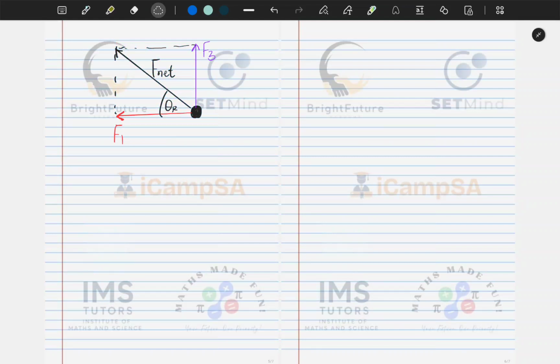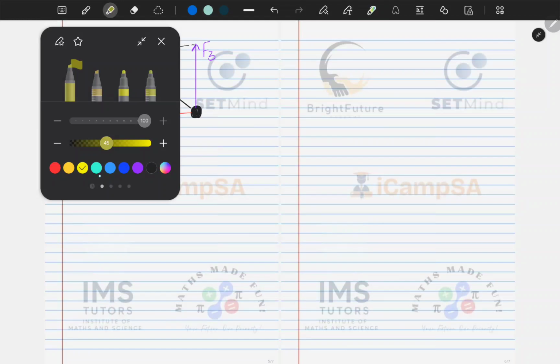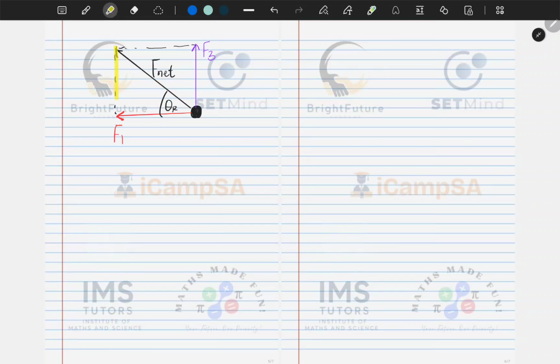So if you check, these things are arranged such that it's a right angle triangle. And this is our right angle triangle. So we have the hypotenuse, which is F net. We have the adjacent, which is F1. And we have the opposite, which is F3.